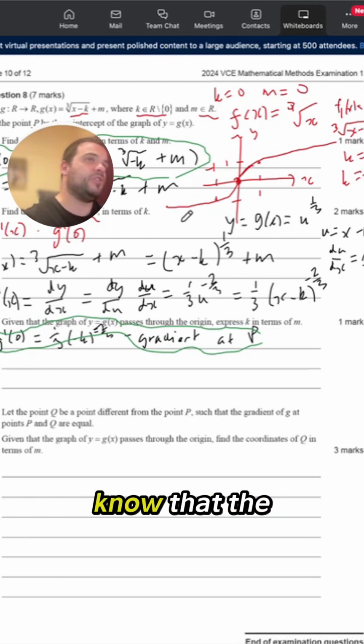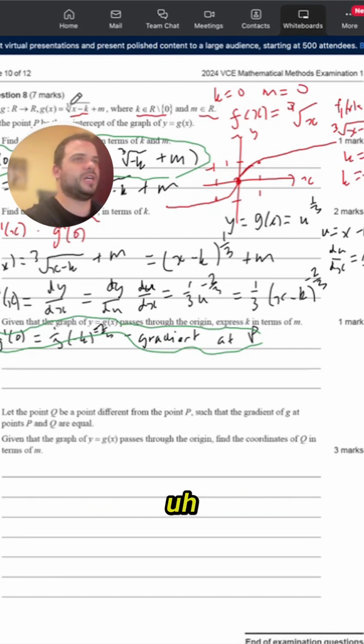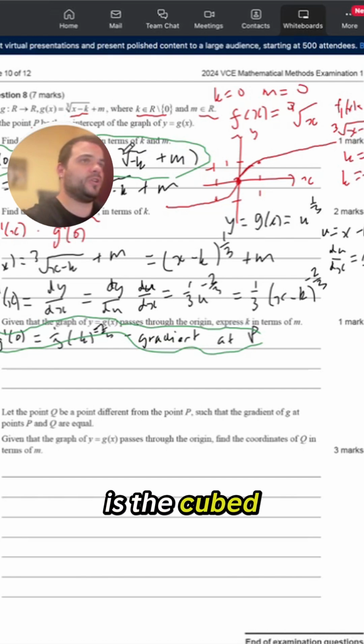But we already know that the point P, our y-axis intercept, has y value the cube root of negative k plus m. But now we want this to be 0.